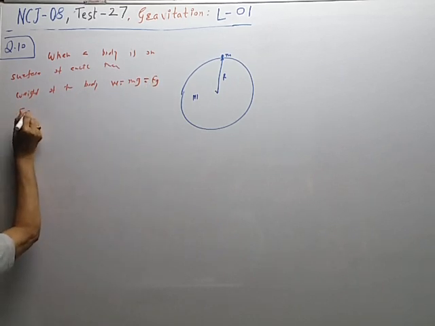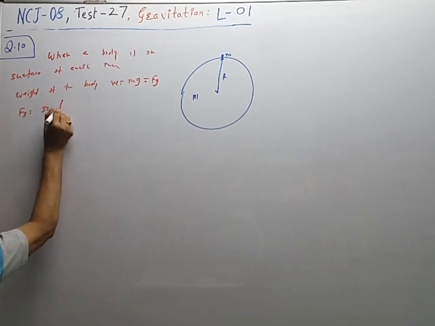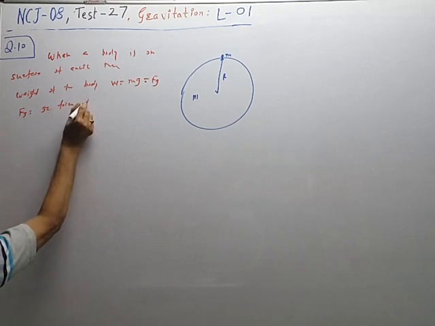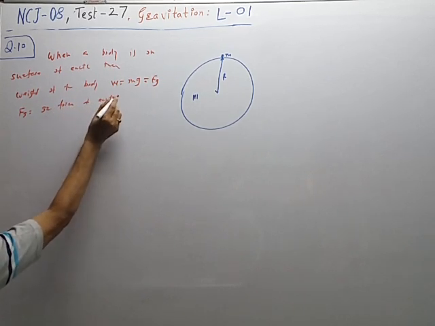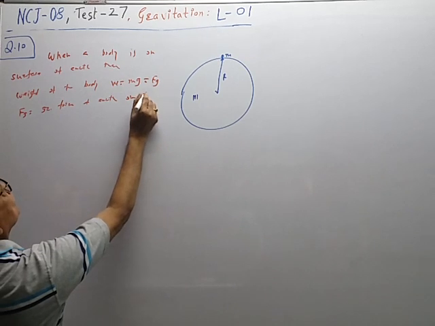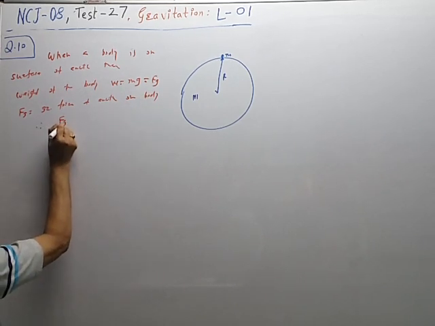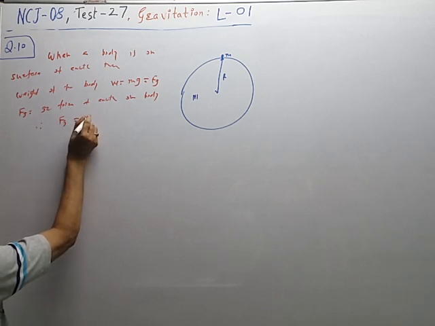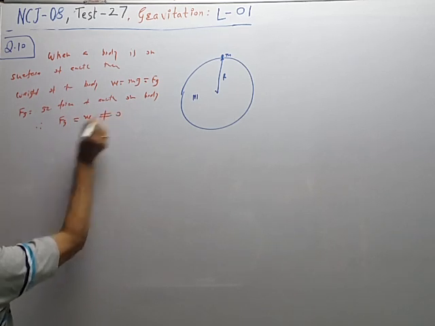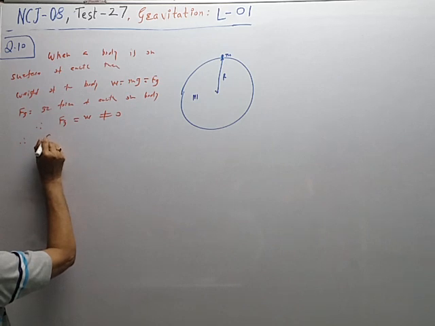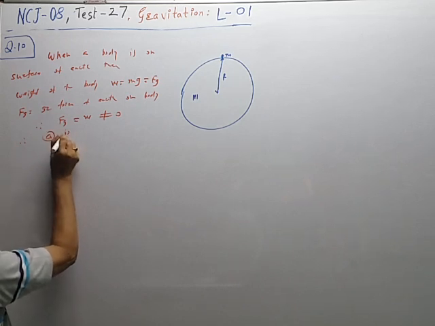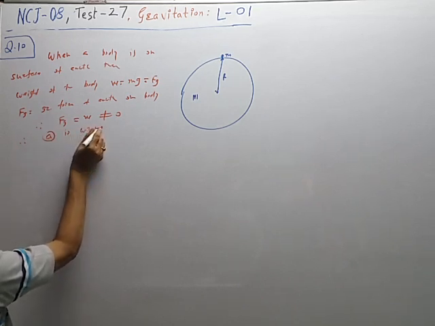Fg is equal to gravitational force of Earth on body. Therefore, Fg is equal to weight is not equal to 0. Therefore, A is wrong.